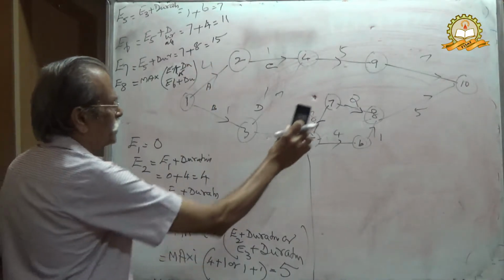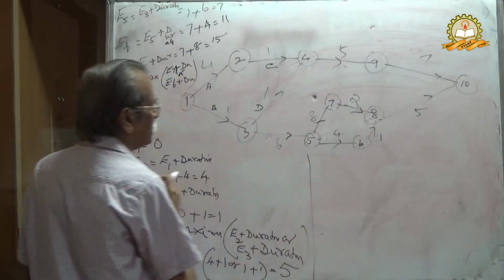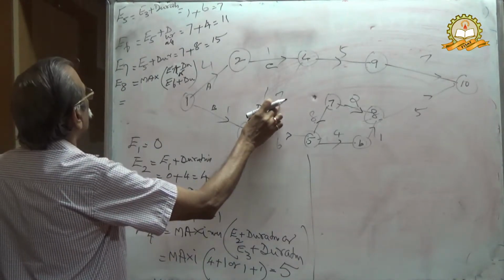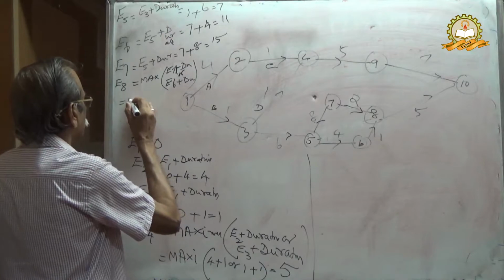E7 plus duration from 7 to 8, or 6 to 8.